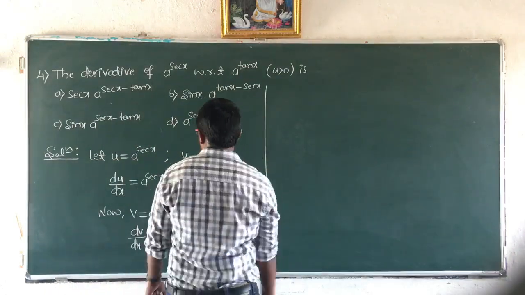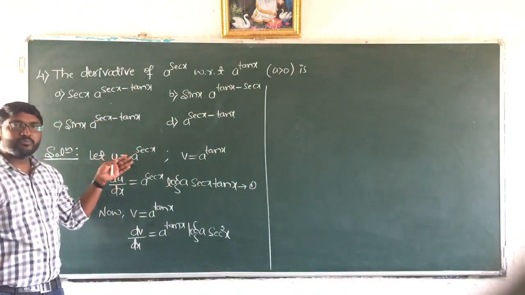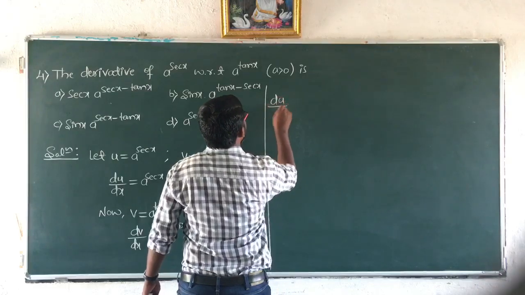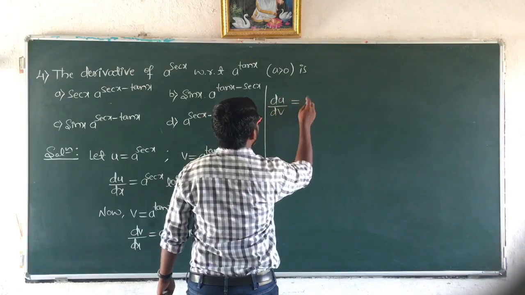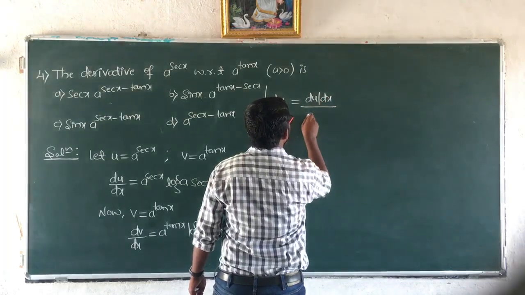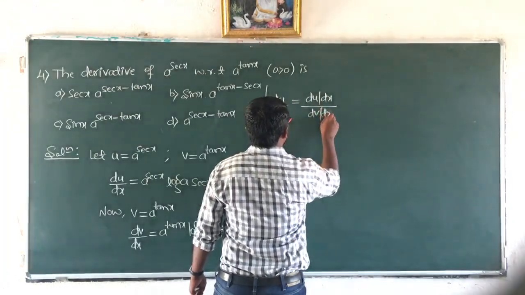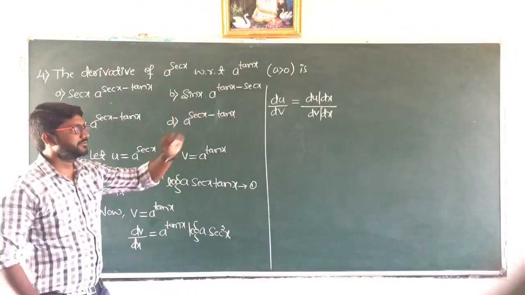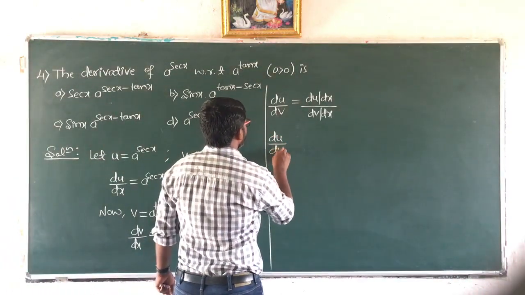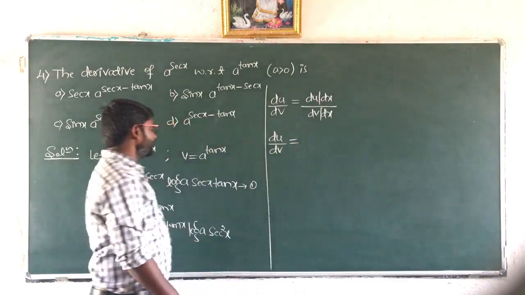Now we have to go for du by dv by chain rule. See here, du by dv is equal to du by dx whole divided by dv by dx. So by chain rule, we are applying this formula. Now du by dv is equal to, what is du by dx now?